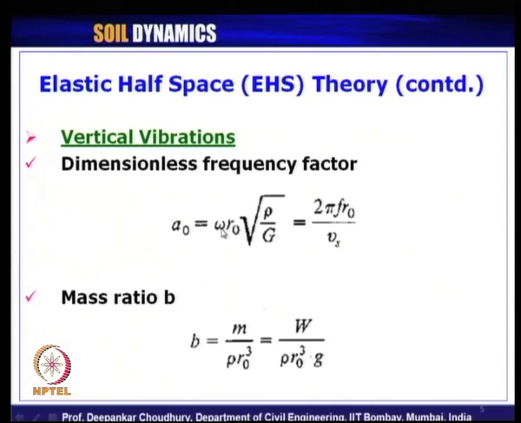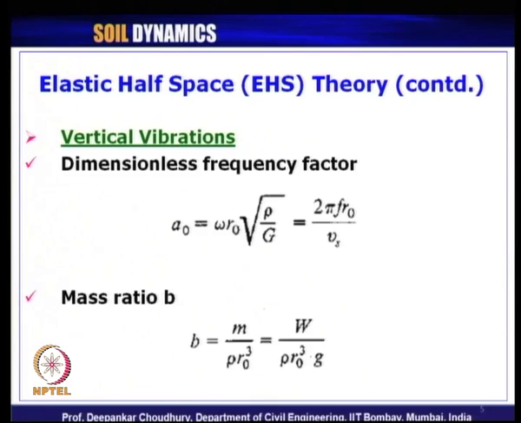If you change from omega to f, in the case of hertz, it will be 2 pi f naught, nothing but omega r naught by V s, shear wave velocity, and mass ratio B is m by rho r naught cube. If you use the weight, then you can use weight by gamma r naught cube.